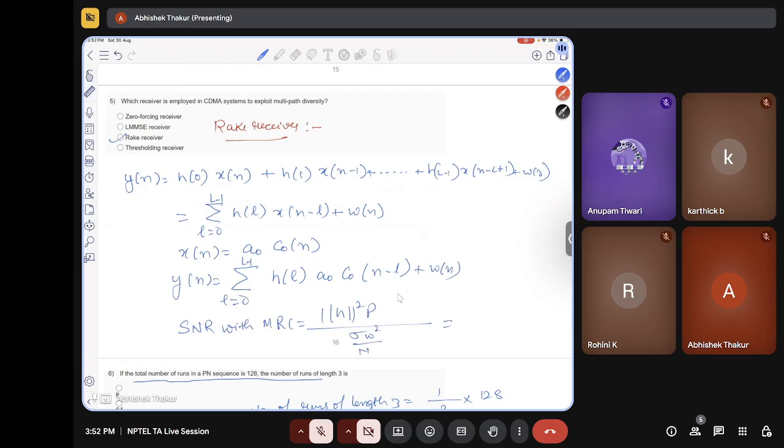So we can write like this. So in rake receiver basically the SINR is maximized using the maximal ratio combiner. So today we have this much only.